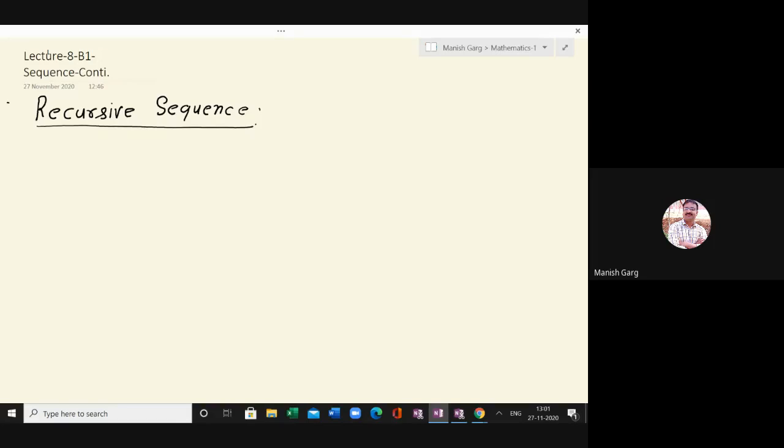Now, we use these theorems to check the convergence of a particular type of sequence which is known as the recursive sequence. What is a recursive sequence? Recursive sequences are those sequences whose nth term is defined in terms of the previous terms. So first I am writing the definition.